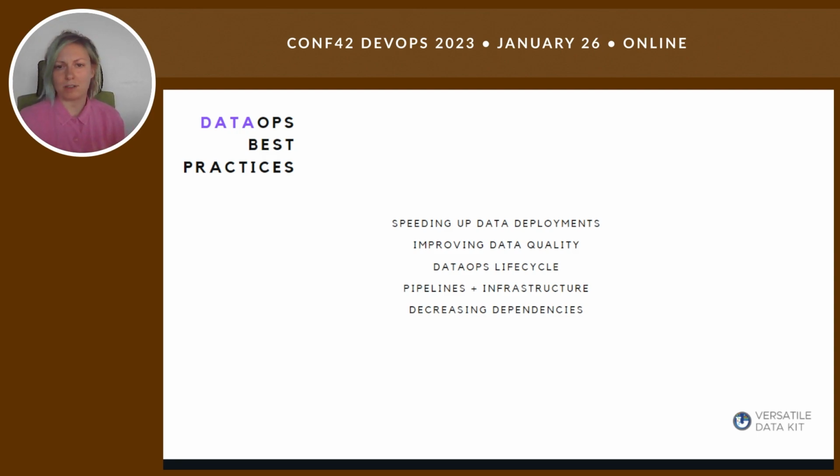Here I wish to mention that DataOps lifecycle actually hasn't been really agreed upon in the community. There are several options and several ways to see it, and I'm going to present my personal, let's say, subjective view on it after researching the topic.